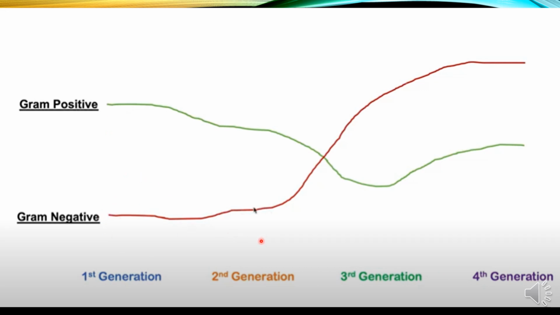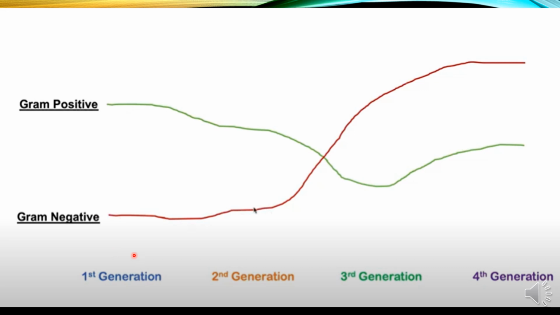In second generation, the number of gram-negative organisms increases, whereas gram-positive remains the same or decreases. In third generation, as you can see, the red line shows the highest gram-negative coverage. Similarly, fourth generation carries a mixture of the gram-positive coverage of the first generation and the gram-negative coverage of the third generation. So these are the differences between the various generations on the basis of their coverage against gram-positive and gram-negative organisms.